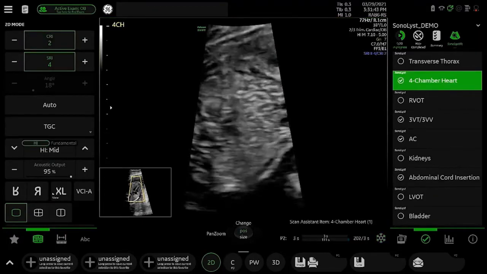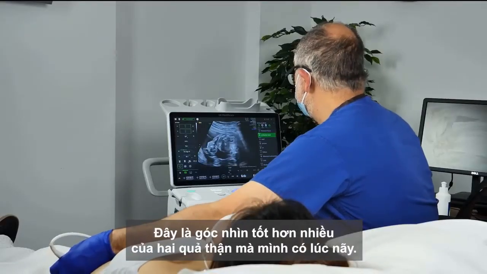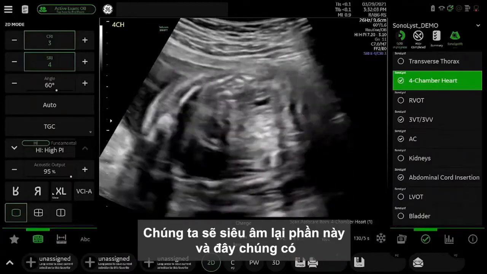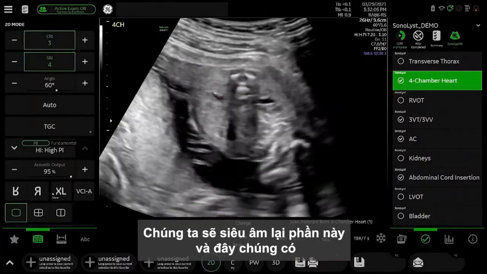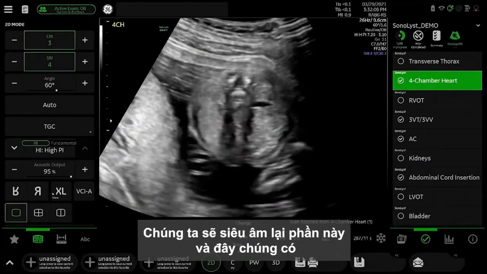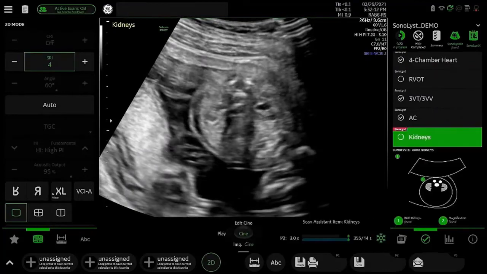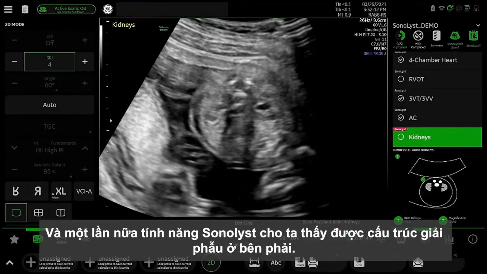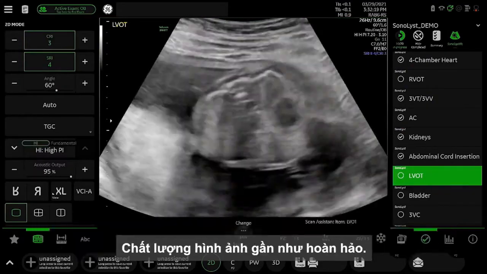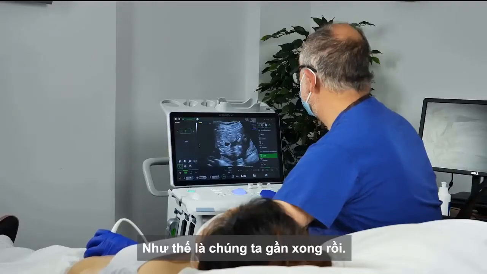Good. This is a much better view of the kidneys than we had earlier. So we'll try and get that. So here we have the 2 kidneys, either side of the spine. You see those little black specks? So again, very happy with that. And it's giving me that quality assurance. Perfect. So we're nearly done.